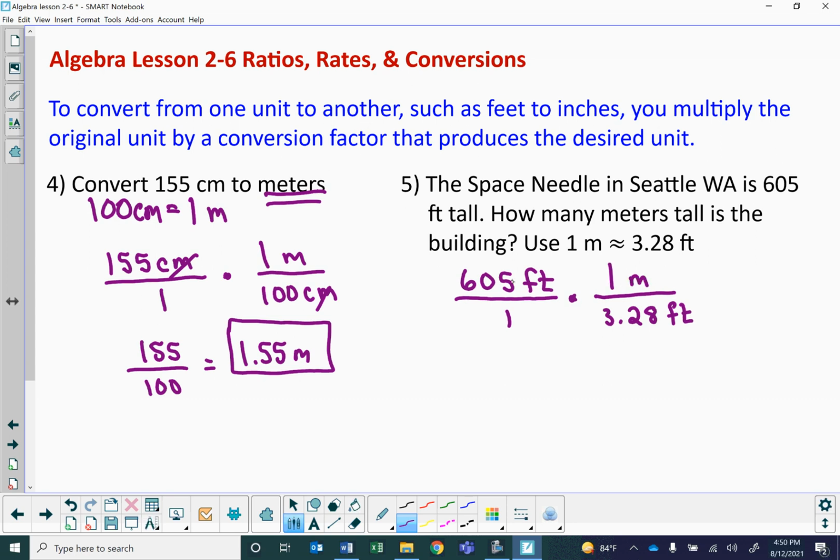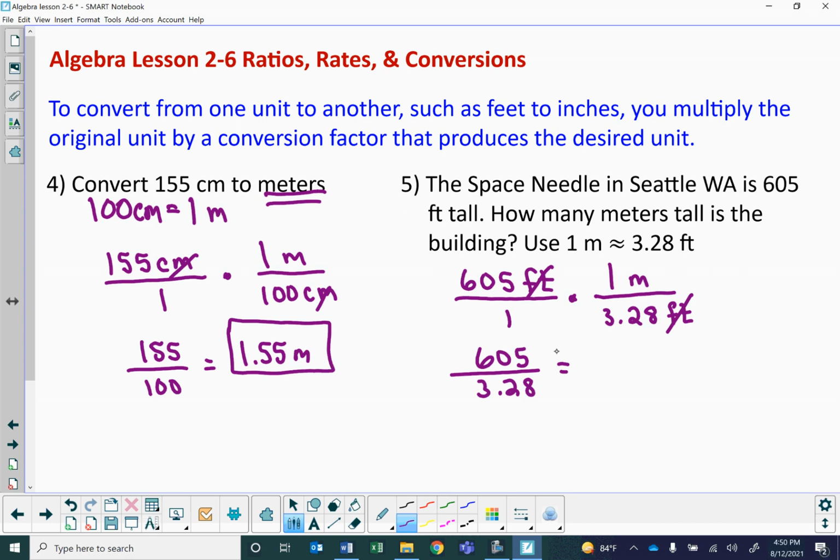I know that because in order to get feet to cancel out, one has to be on the top and one has to be on the bottom. And since 605 was already on the top, I knew that the 3.28 had to be on the bottom. So I'm taking 605 feet times 1, which is 605, and I'm dividing it by 3.28.